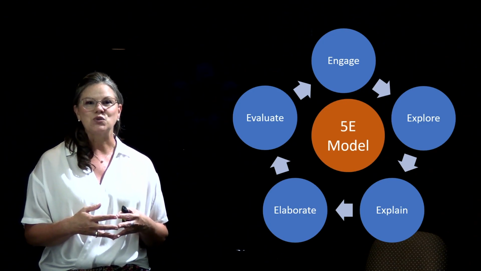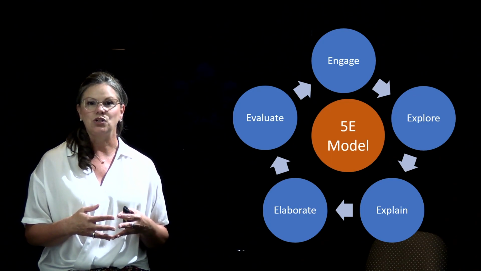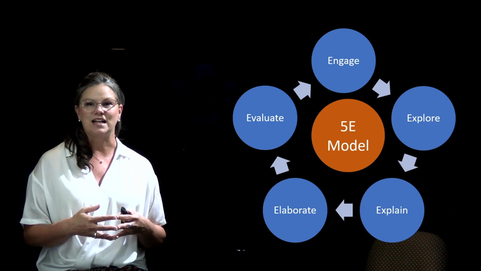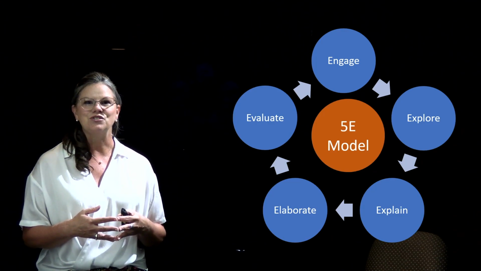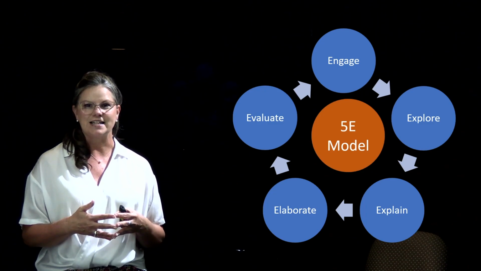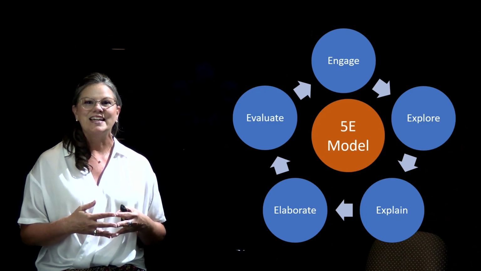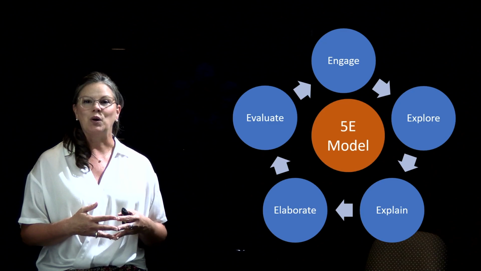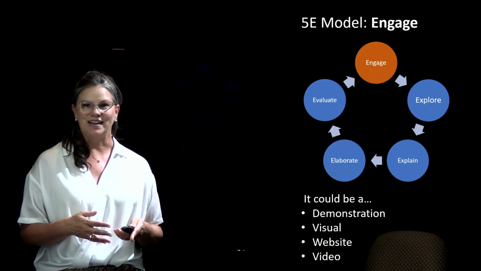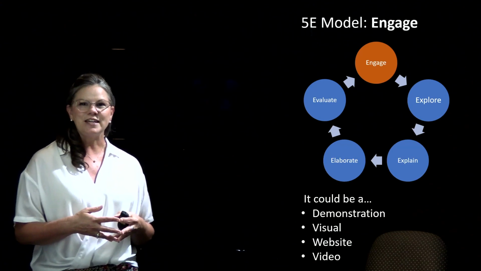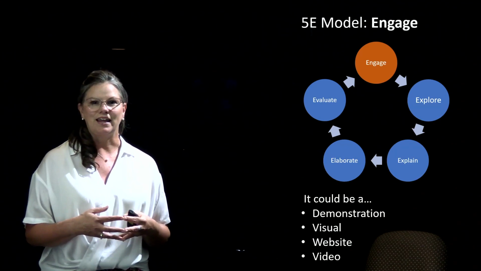The elementary schools that I was associated with used the 5E model for the science classroom. This structure for learning takes students through 5 phases as they interact with science: engage, explore, explain, elaborate, evaluate. The 5E model begins with engage.